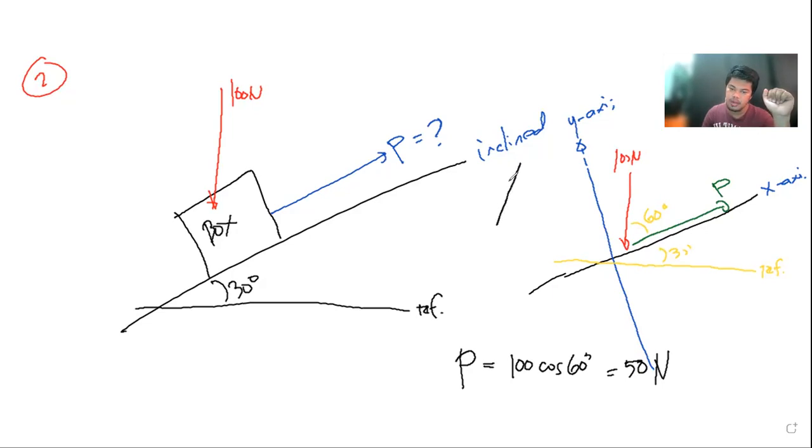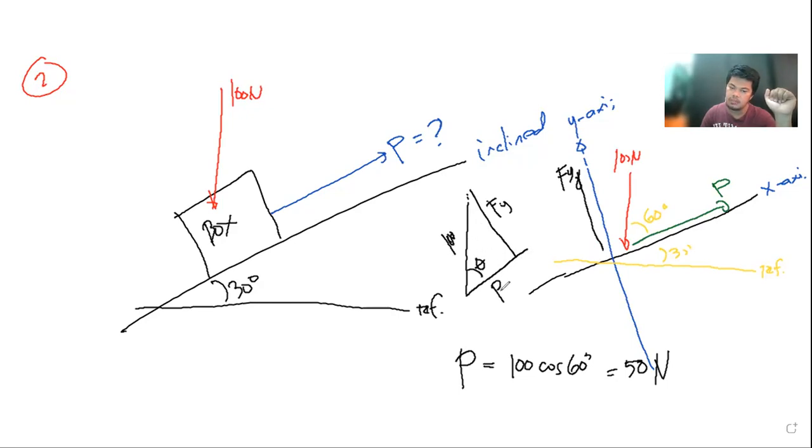So let us say we have 100 Newton, and this would be your force P, and this would be the y-axis. So the component, shall we say Fy, and P, 100 Newton, and then theta.